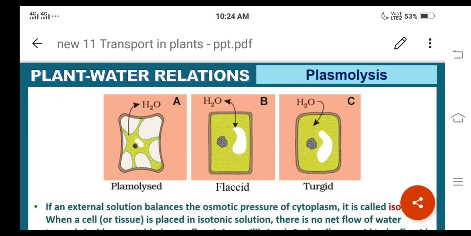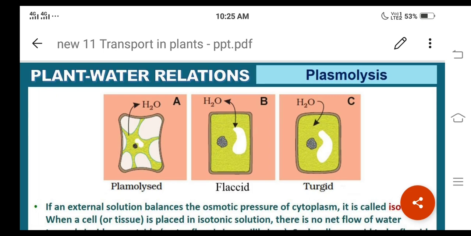With regard to water movement, the behavior of plant cells or tissues depends on the surrounding solution. We can mention the different types of solution here.